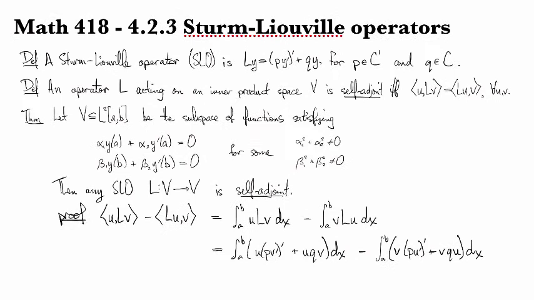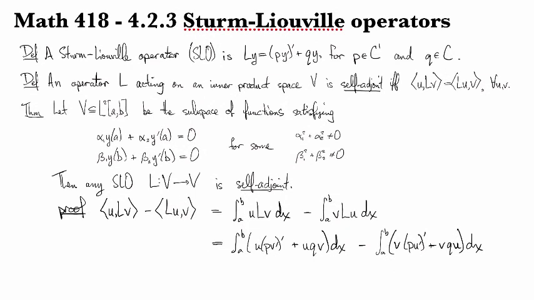And so let's see what we can do now. We'll do an integration by parts. That's going to pull out a boundary term of u p v prime. What I'm doing is using integration by parts here to move this prime onto the other factor. So I have to pay with a boundary term and then also a minus sign for the integral. So I'll have a to b and then u prime p v prime.